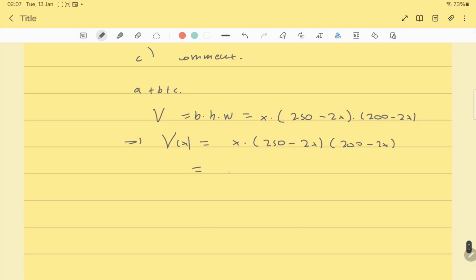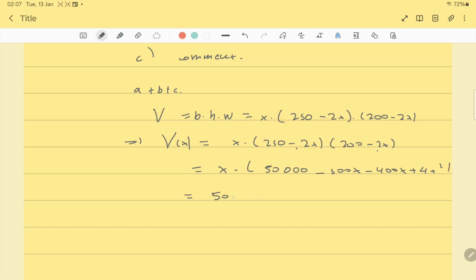You can expand the bracket, that's going to be x times 50,000, which is this times this one, that 25 times 2 is 50, and you add 3 zeros, 50,000, minus 500x minus 400x plus this times this one, 4x squared.